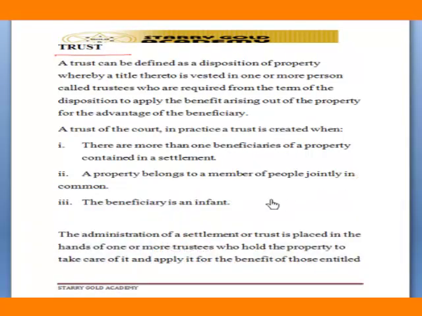It can also be created where there are many people jointly owning a property, a property belonging to a group of persons. Or where the beneficiary is an infant, a trust is set up or created for the benefit of the infant. It is also interesting to know that a trustee may also be a beneficiary. A trustee may also be a beneficiary. Take note.